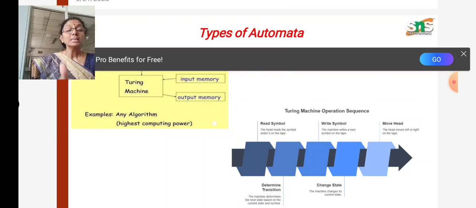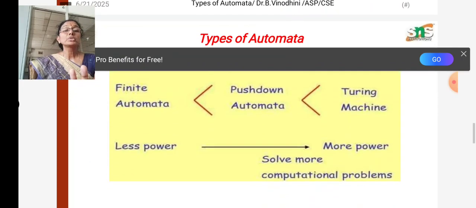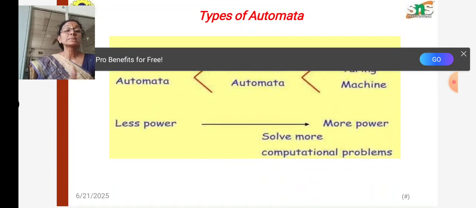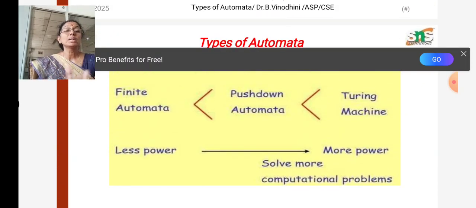We have the head, which reads the symbol on the tape, writes the symbol onto the tape, and finally the head moves to the next symbol. So the transition mainly depends on the input, states and the head movement. This is the difference of the Turing machine. The Turing machine requires the highest computing power compared with the finite and pushdown automata.